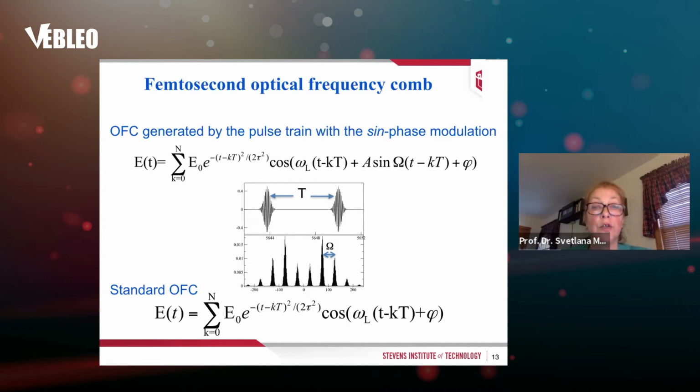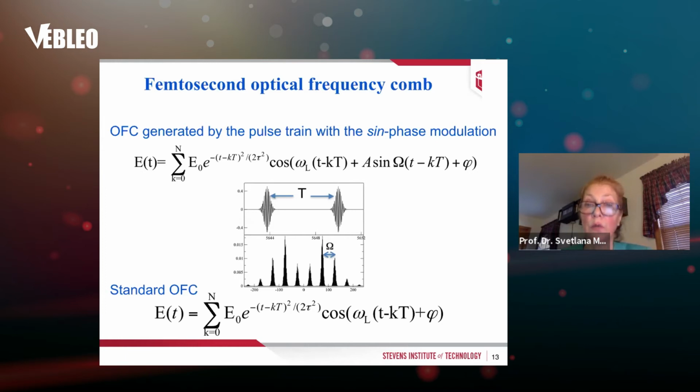The figure shows a sinusoidally modulated optical frequency comb on the upper panel, and the lower panel shows the spectral counterpart, the Fourier transform, where a series of combs are generated with the spacing proportional to omega.